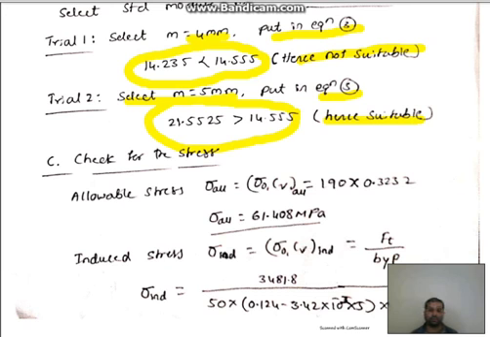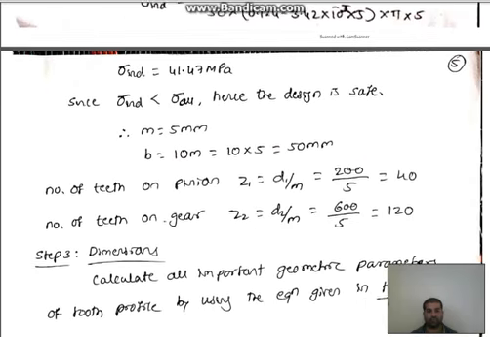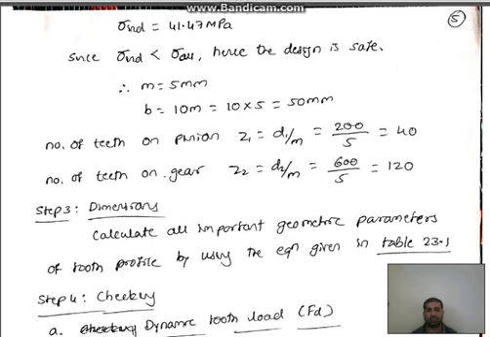suitable. Next, C bit. Check for the stress. Calculate allowable stress and then induced stress. If induced stress is less than the allowable stress, then the design is safe.